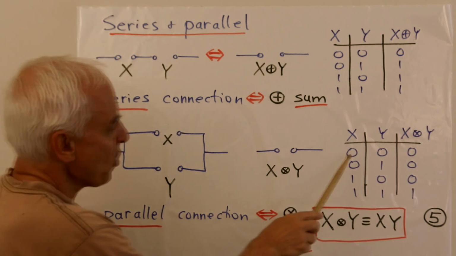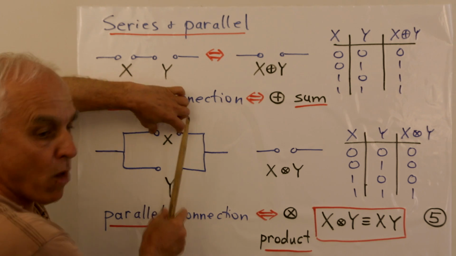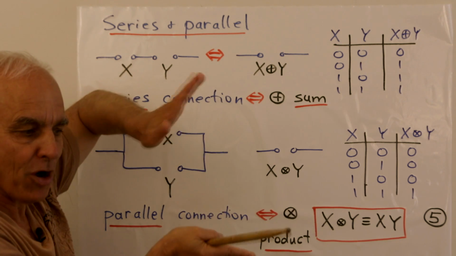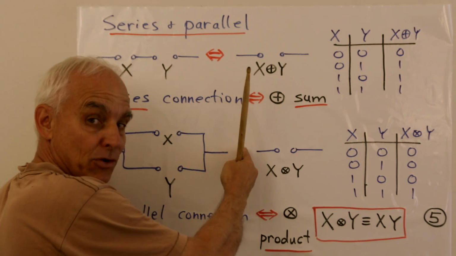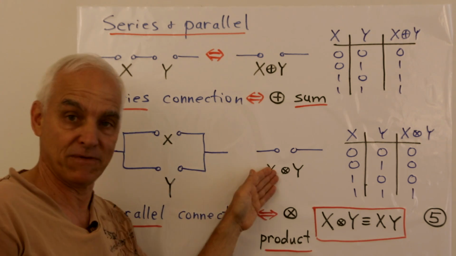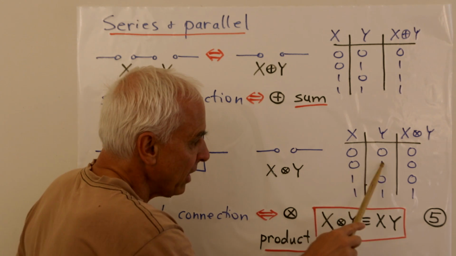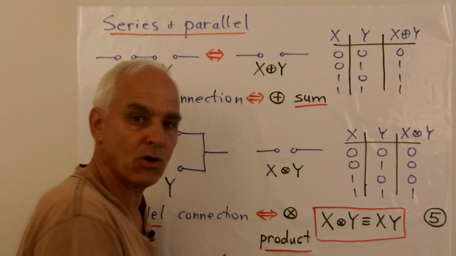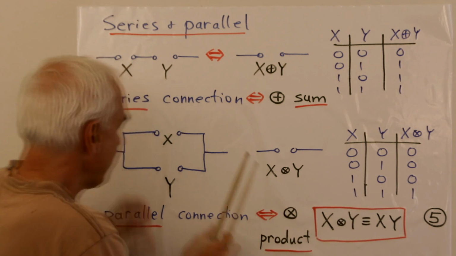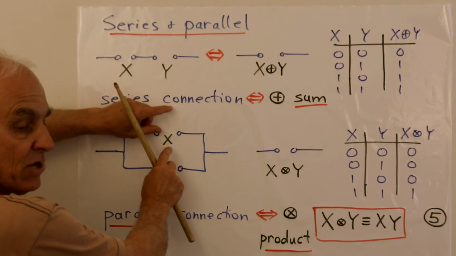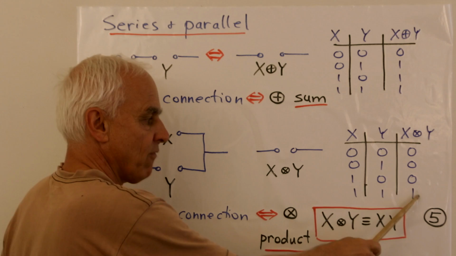So if one or both of these are closed, in other words, have 0 hindrance, then the whole thing will have 0 hindrance because current will be able to flow. Okay, so if one of these is 0, either here, here, or here, then we're going to get 0 hindrance for the product. And only when they're both open, in other words, hindrance of 1, then the whole thing will have a hindrance of 1.